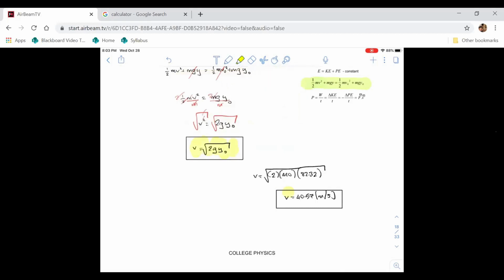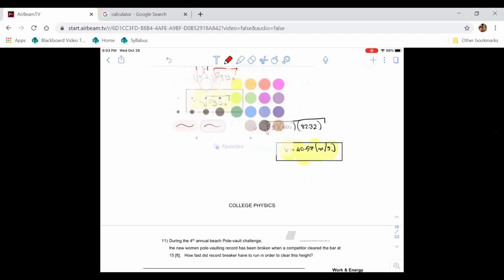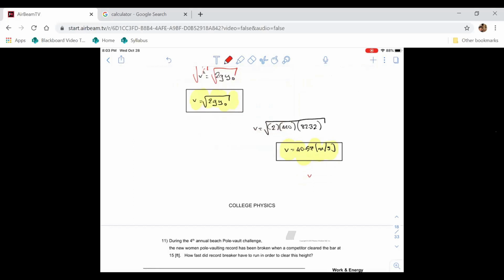All right, and then convert it to miles per hour. When you convert it to miles per hour, here's what you end up getting. It's going to be 90.8 miles per hour, roughly 91, roughly around 91 miles per hour.